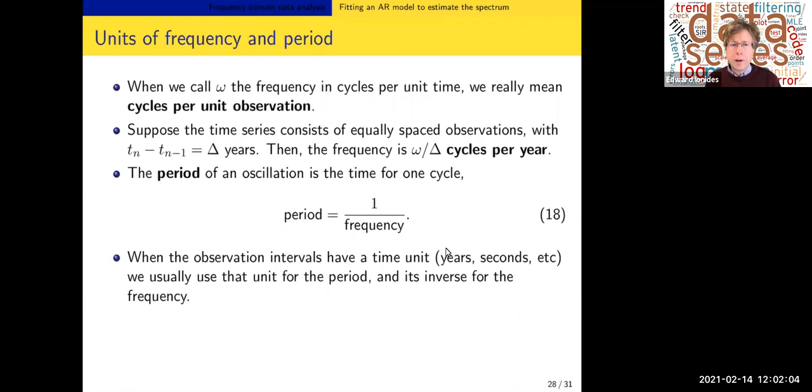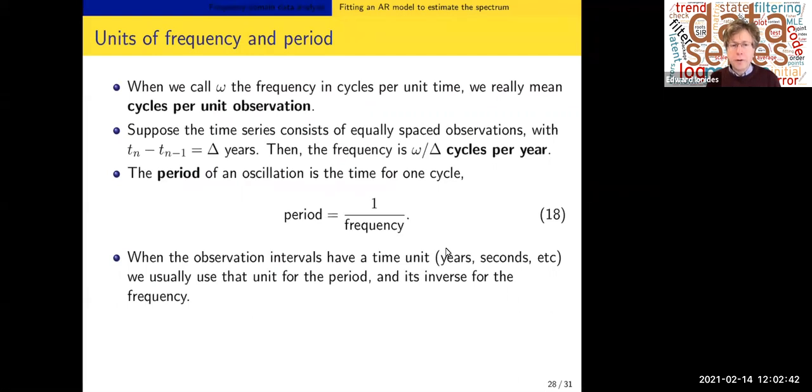One last comment I want to make on units of frequency and period for this chapter. We call omega frequency in cycles per unit time. We really mean cycles per unit observation, because observations don't always come in the natural units of the problem. And so when you're doing data analysis, when R is producing graphs or whatever, you may want to change the units so that you have the units that really correspond to your problem.